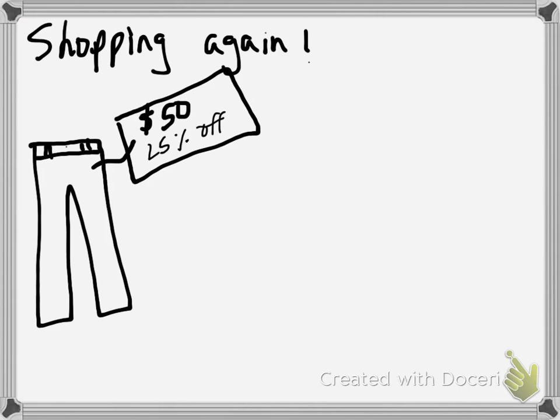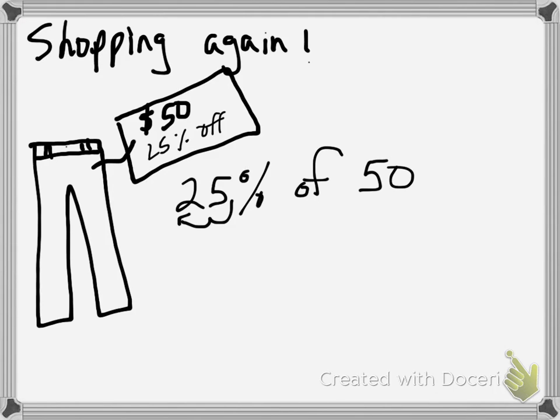Okay, we'll do one more of these. So here's a pair of pants. They're $50 originally, and they have a tag on them for 25% off. So how much is that? So you're looking to find 25% of 50. So remember, we can move our decimal point 2 spots, and this is now 25 hundredths times 50, and that is going to tell you the amount that you take off the price.